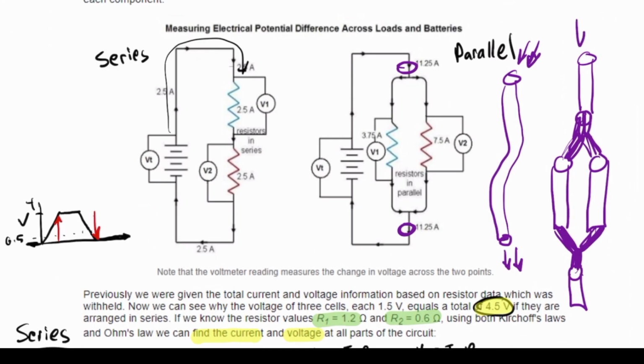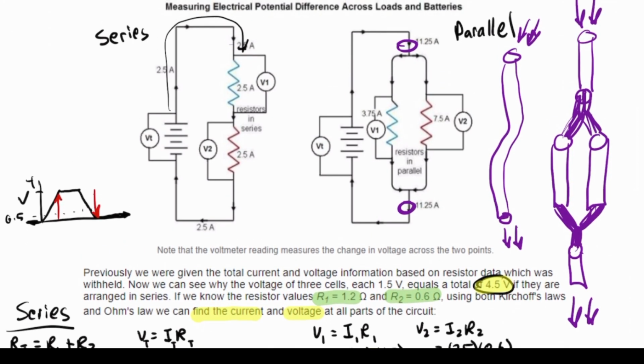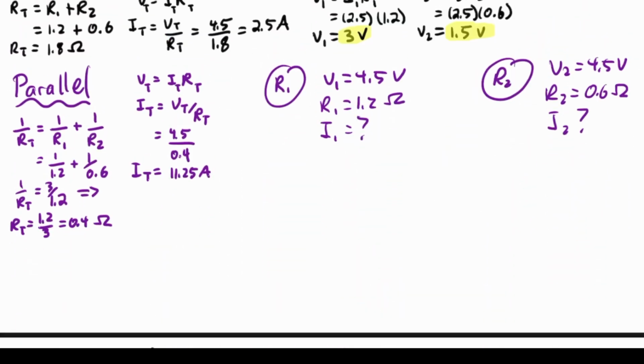So whatever amount of water comes in at this end must equal the amount of water that's coming out this end. What we don't know is how much water is going through each of these. Maybe one of these pipes is really narrow, which we can think of as equivalent to a much greater resistance. Maybe only a little bit of water goes through here, and a lot of water goes through this pipe.